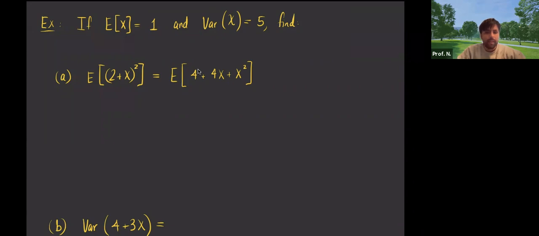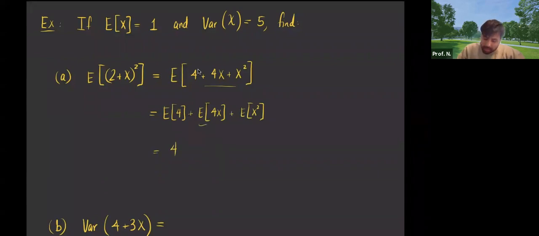Right? And then can't we apply the properties of expectation? The expected value of this is equal to the expected value of 4 plus the expected value of 4x plus the expected value of x squared, correct? But what's the expected value of 4? If it's the constant 4, the expected value of a constant is just itself, it's 4.